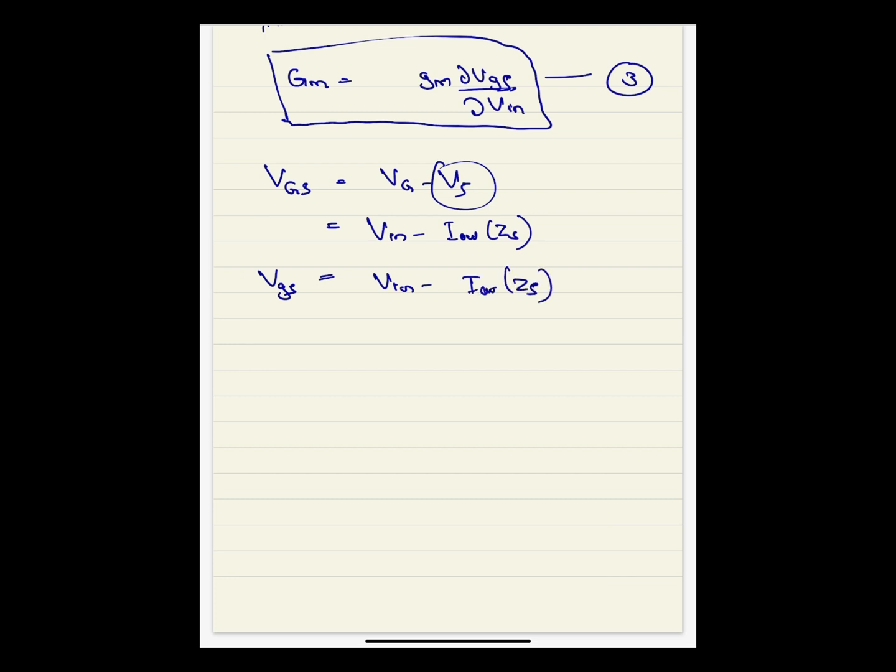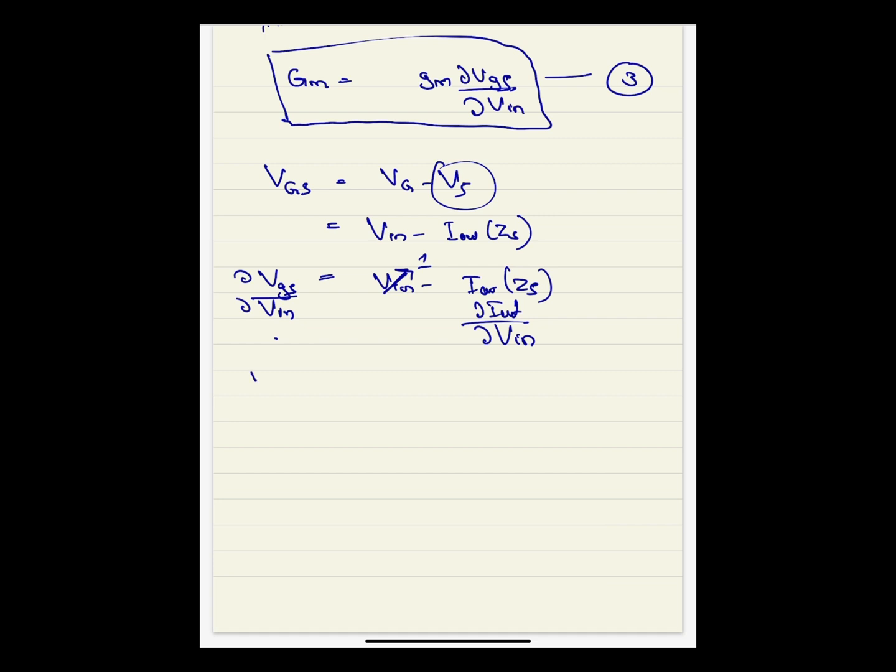Taking the differential of dou VGS with respect to dou Vin, we get dou Vin by dou Vin, which will be 1, minus dou Iout divided by dou Vin into Zs.